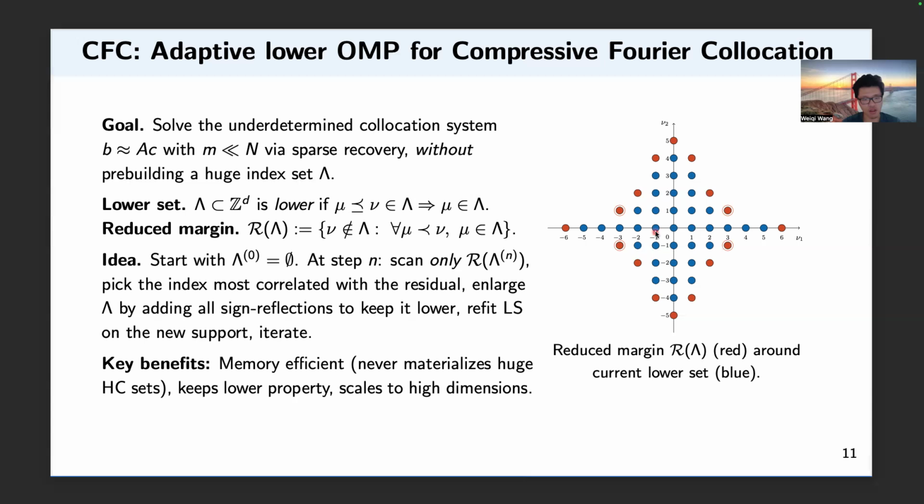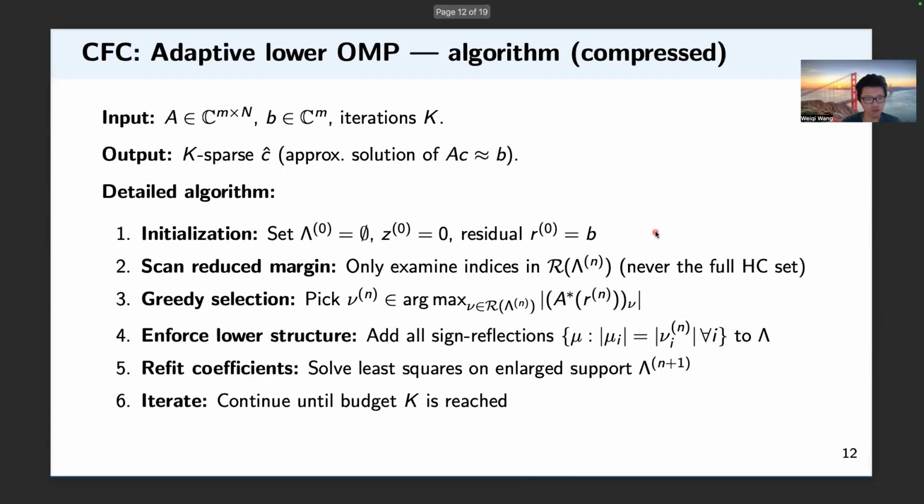So here is the detailed algorithm. First, we start with no frequency, and we set the residual as the mismatch with the data. Then we scan the reduced margin. We look only at the boundary.